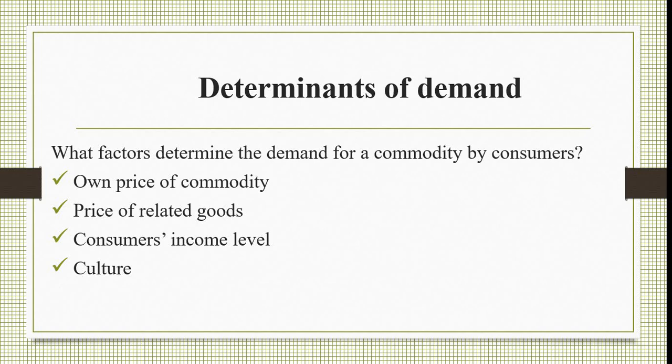Let's say, for instance, in terms of religion, Muslims don't consume pork, I mean pigs, swine. So in a Muslim community, they will tend to buy less of pigs. In that case, you can see how culture or religion affects demand.